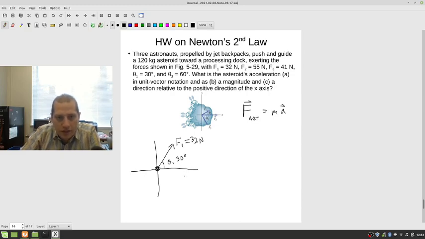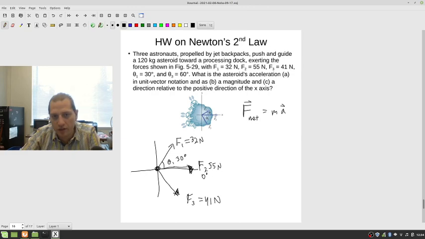F2 is just in the x direction here. It has a magnitude of 55 newtons at 0 degrees. And then F3 is down here, and this is pushing 41 newtons, and that is at 60 degrees.